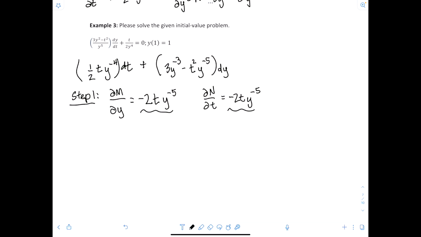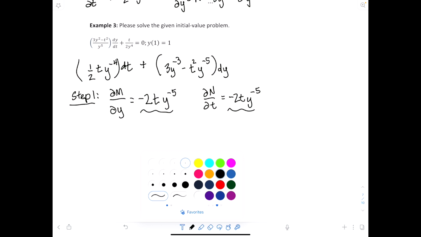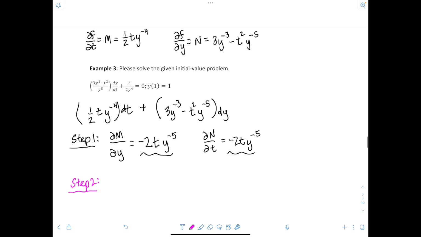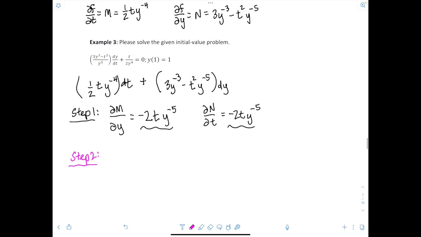Awesome. All right, so now we're on to step 2, setting up our equation. So again, let's just take a look at m and n, and let's see what we want to work with. On this one, I think I'll work with df dt.